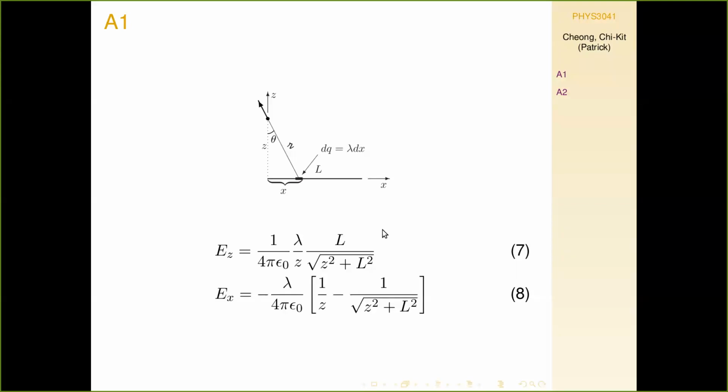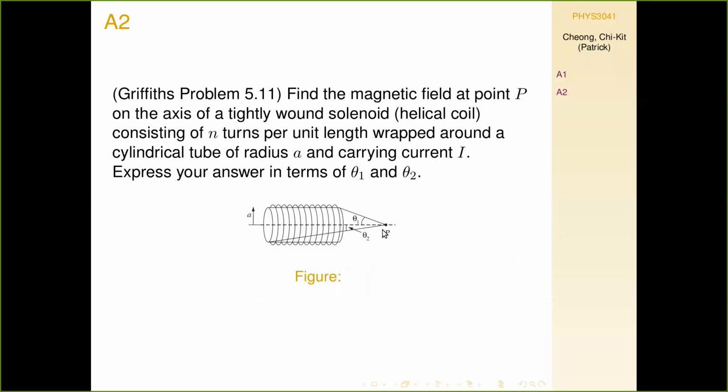Okay. So for the second question here, we prepared a problem also from Griffiths, asking us to obtain the magnetic field at point P here, in the setup shown in this problem.